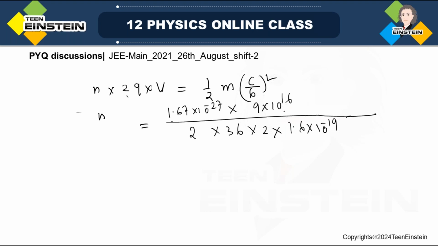And V is 12 kilovolt, 12 into 10 to the power 3.